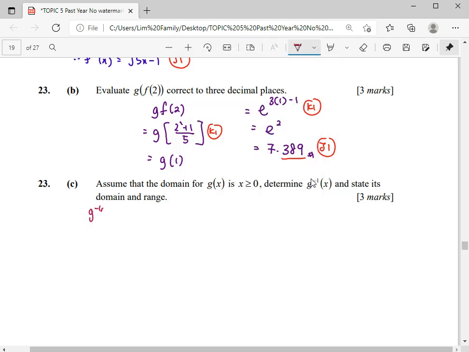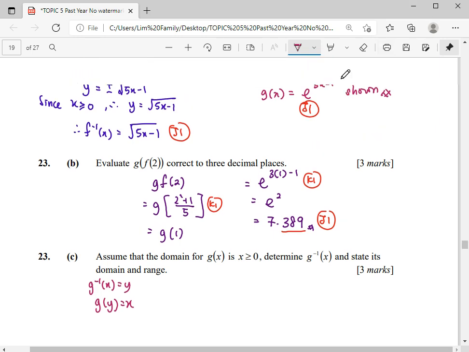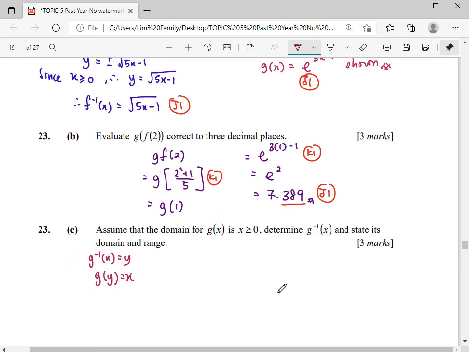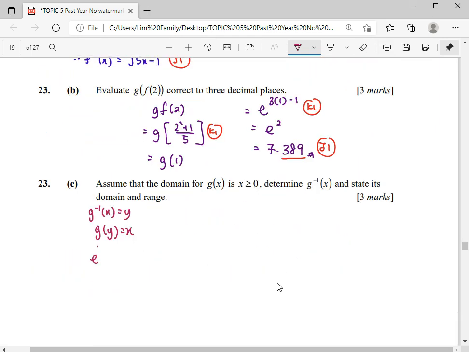So we will start with g inverse x equals to y, so g(y) equals to x. So what is our g(y)? We can substitute into our function g(x) here: e to the power of 3y minus 1. Log base e will become ln.